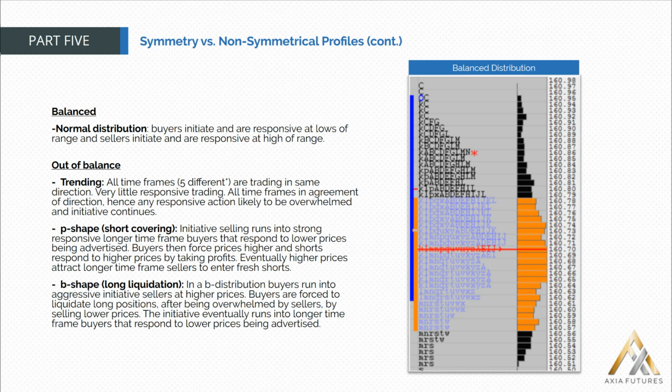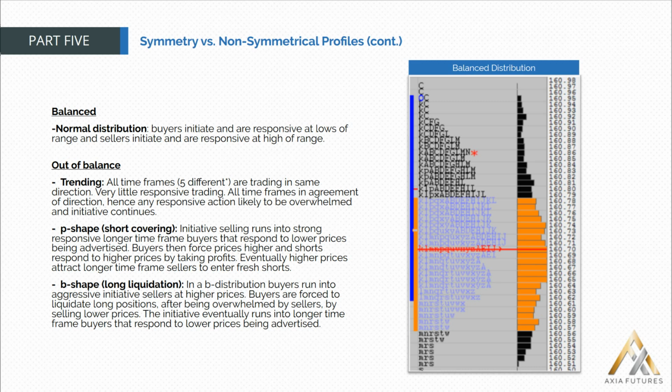The other type of out of balance profile is a B shape, or a long liquidation profile. In the B distribution, buyers this time run into aggressive initiative sellers. So we have longs in the market, they keep buying higher prices until they run into very strong responsive sellers.